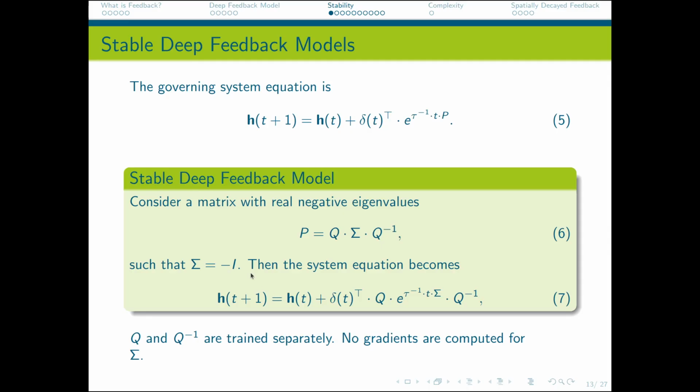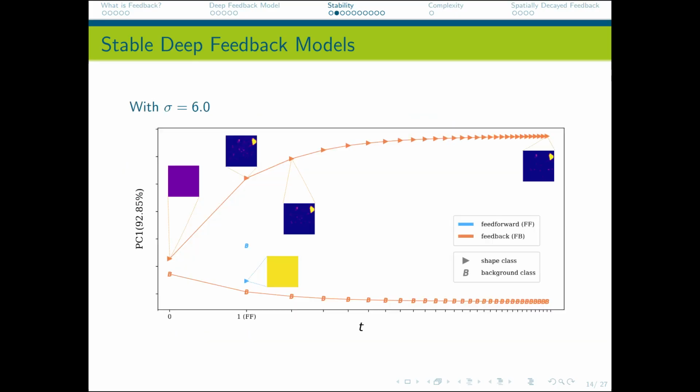And we are not computing gradients for the sigma because we want to ensure that the system always converges, and by training sigma, we may run the risk of some eigenvalues becoming positive, and then the system will diverge in time.